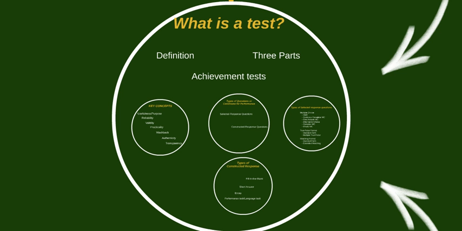A test is a measuring device. That means in this case that we are going to produce some sort of information. Many people use it to produce a score, but it doesn't have to be a score. It can be for formative purposes as well, and it just tells us who knows what, who doesn't know what, or to what degree they know something or not.